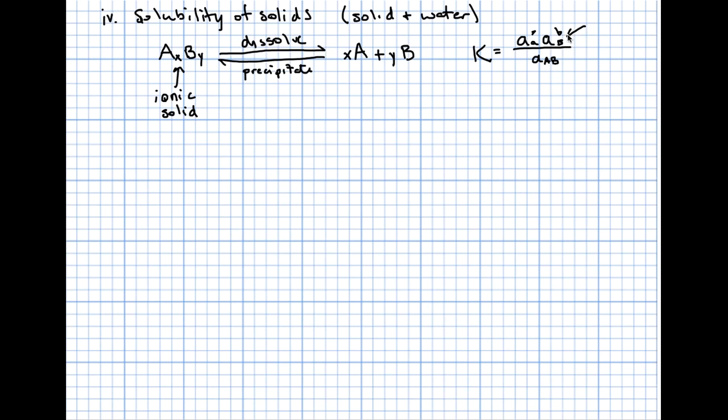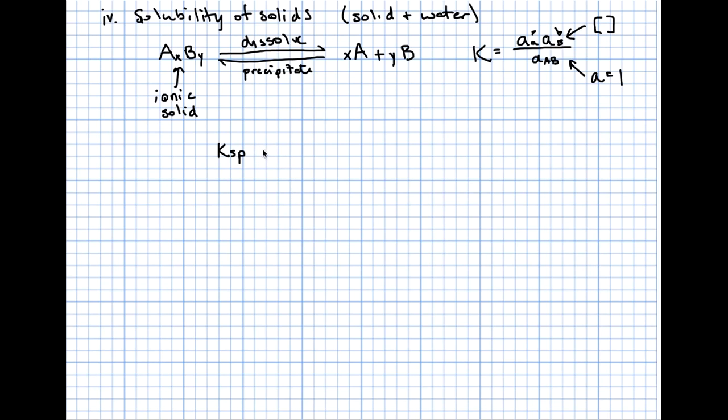Remember, for these species we can substitute their concentrations, and because this is a pure solid, the activity is equal to 1. So we can represent this whole relationship by the solubility product. That's just the name of the equilibrium constant.